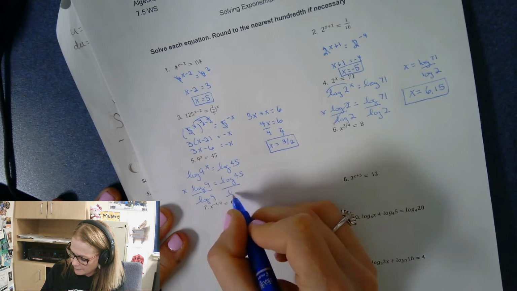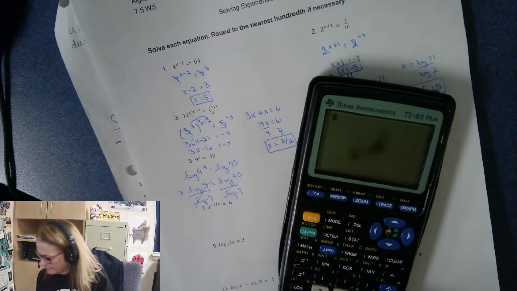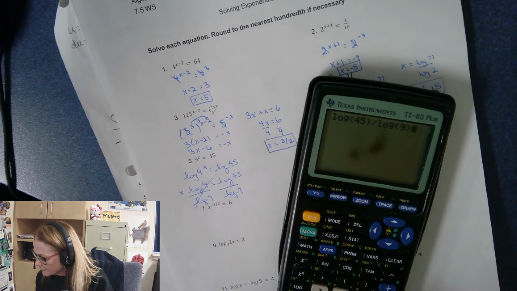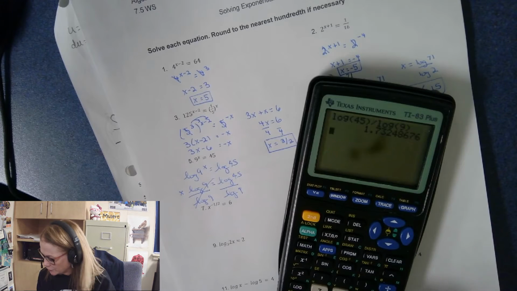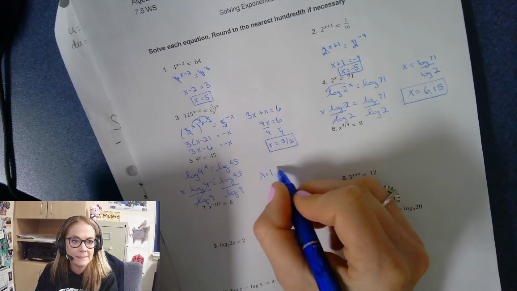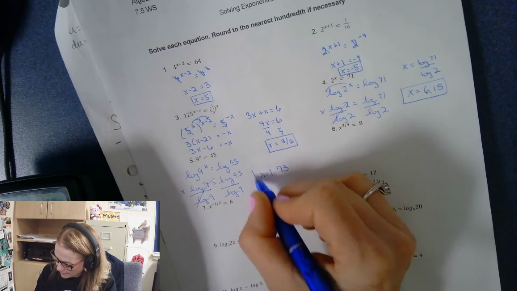So very similar to the last problem. So that would be one of your answers, and then as a decimal, we get 1.73. I'm going to do a quick check, 9 to the second answer, and we get 45. So I know without a doubt when I leave this problem that 1.73 is the correct answer.